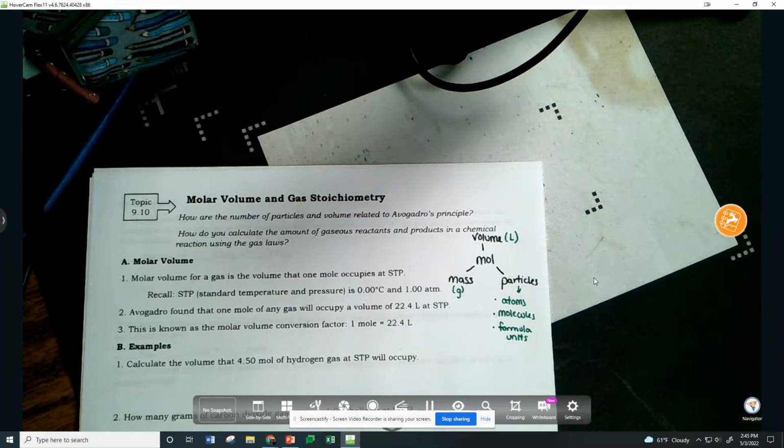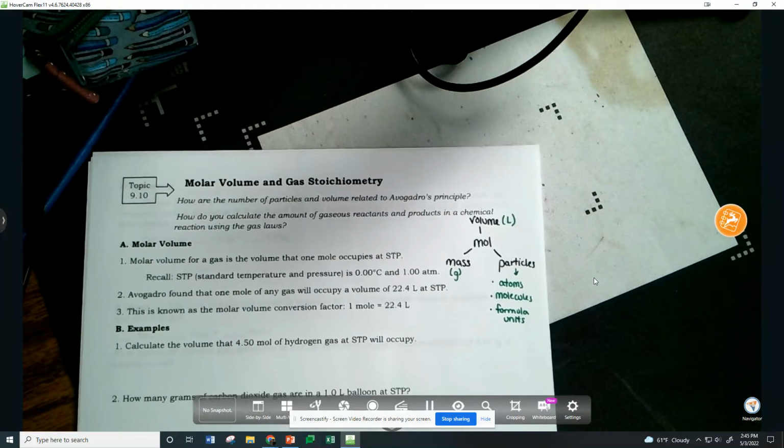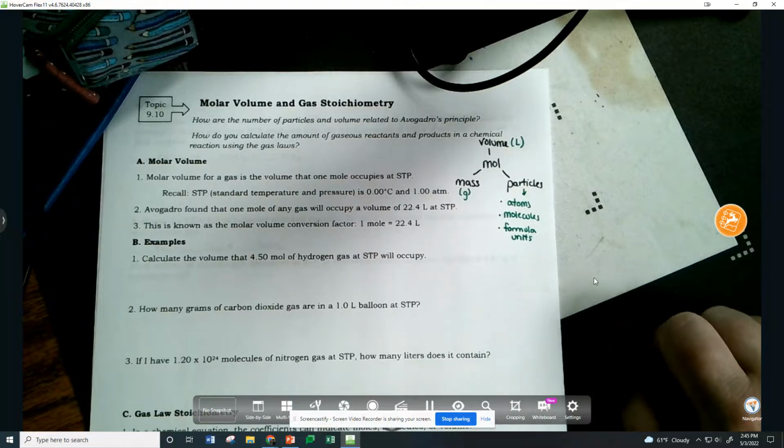All gases, no matter the composition, occupy 22.4 liters. What he developed from that is a conversion factor we refer to as molar volume, that 1 mole is to 22.4 liters.